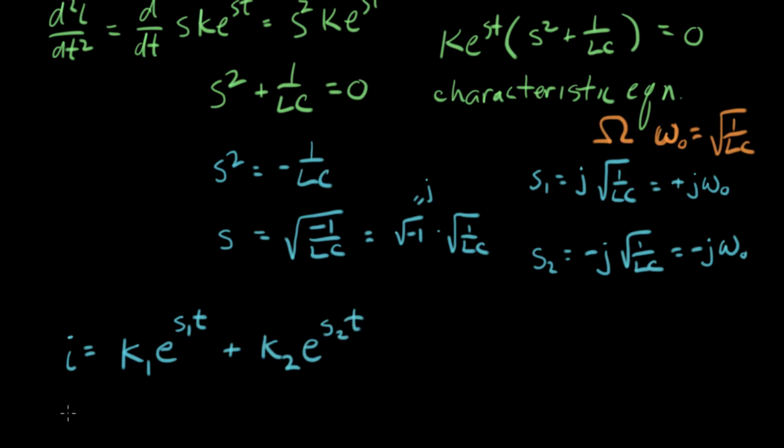I could also write this as K1 e to the plus j omega naught t plus K2 e to the minus j omega naught t. So that's my proposed solution. We found two values of S. Now we have these two constants, and we've got to work those out. So in the next video, we'll use the initial conditions to figure out what K1 and K2 are.